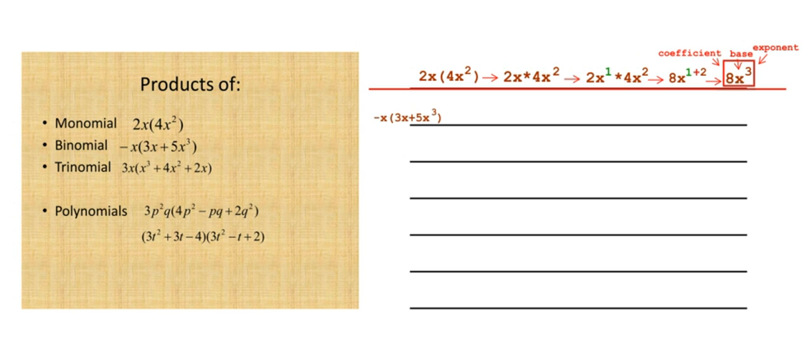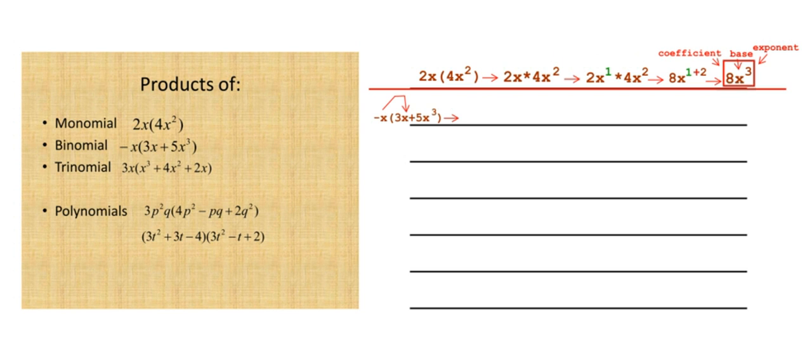So let's go for the next case scenario, our binomial multiplication. By the way, notice in the monomial we only got a single term, 8x to the third. So binomials then, binomial multiplication. That means we're distributing to two terms. That's all that means, okay? So we're going to distribute then.